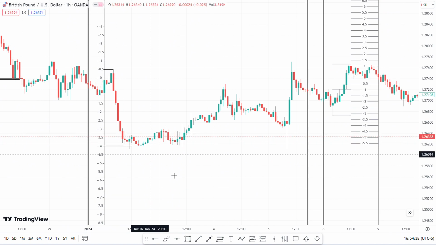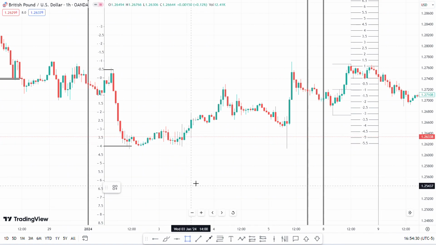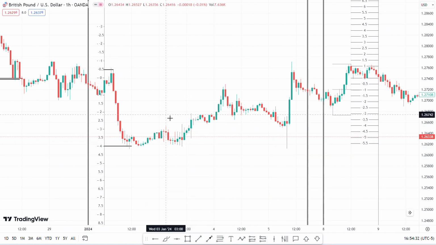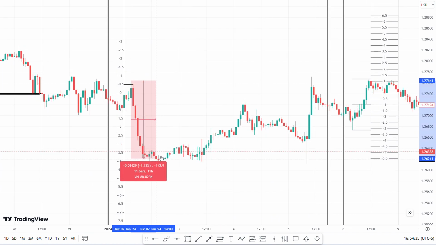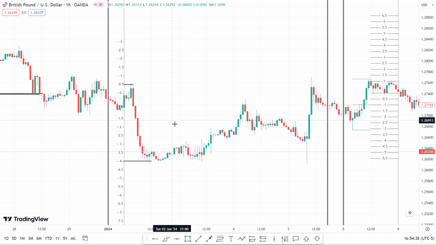That would be 142 pips. So 10 pips stop, 142, 1 to 14 trade.